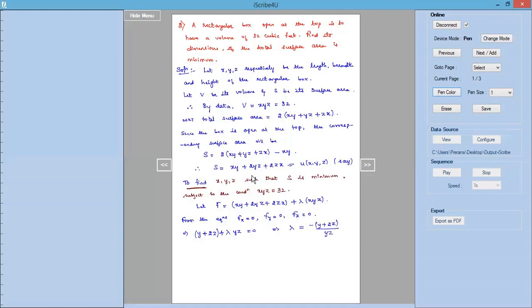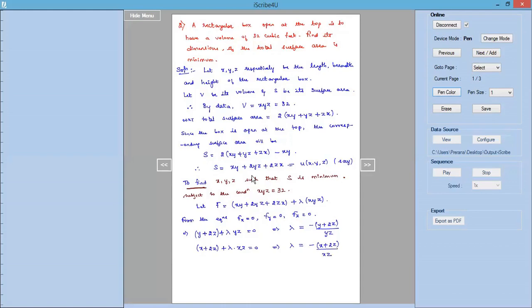Similarly, Fy equal to 0, partial differentiation with respect to y, will give us x plus 2z plus lambda into xz equal to 0. So lambda will be minus of (x plus 2z) the whole divided by x into z.